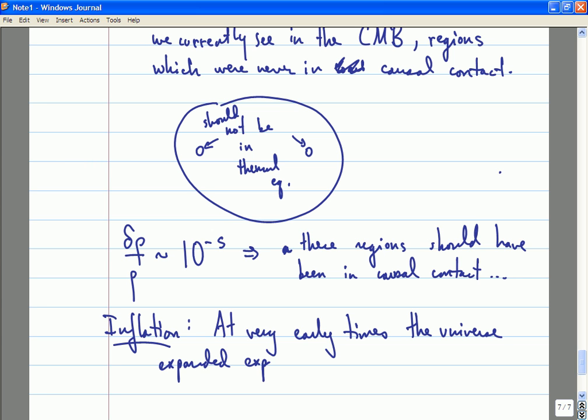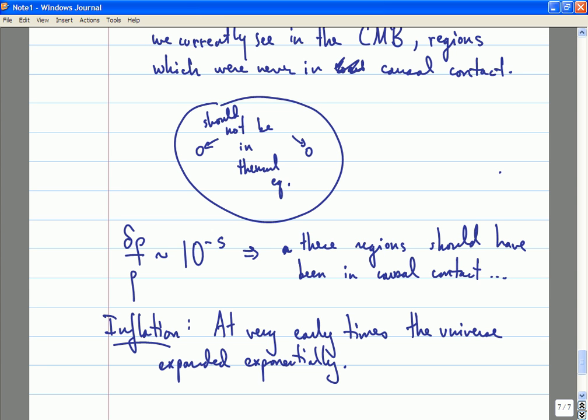So rather than expanding in a power law manner, as one would expect for a gas of fundamental particles like quarks, gluons, and so forth, instead the universe expanded exponentially, which means that parts of the night sky that we might think have always been far apart from one another, in fact were very near one another, because they're far away from each other right now only because the universe had expanded exponentially.